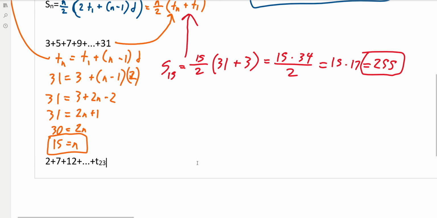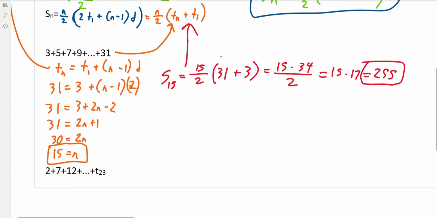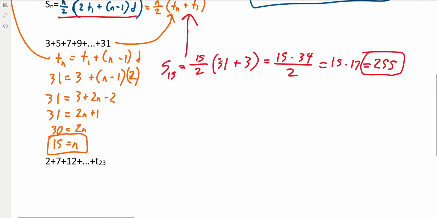Well, we're going to use our formula again. So let's try to use the blue formula from right over here. I'm going to use blue to hopefully remind us.